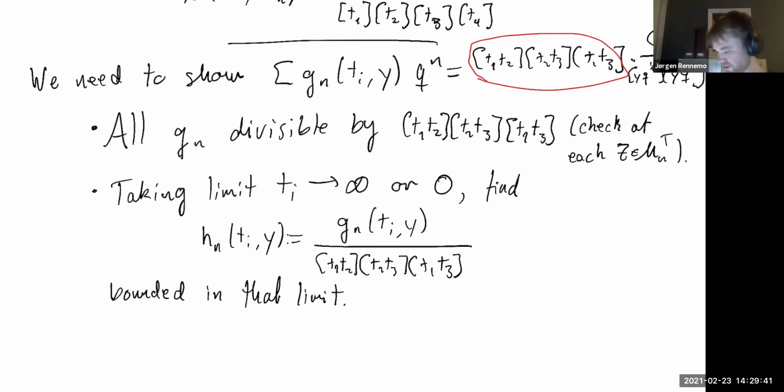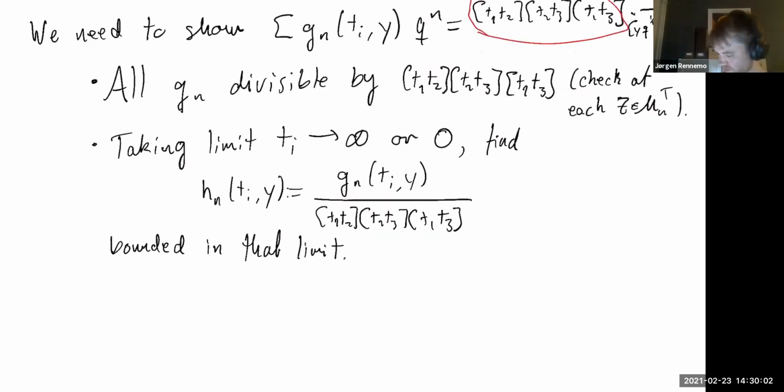Again, this comes out of looking at contributions at each fixed point. The way we compute the contributions at the fixed point is amenable to understanding exactly how that limit works.